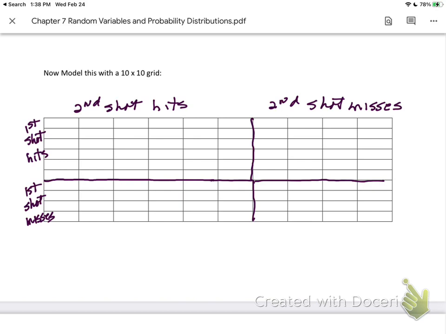The first shot hits, that happens. So that combined with the second shot hitting will give 2 points. Okay, so I'm just going to fill this in with 2 points, just so you can visually see what the score is. If both of these things happen, she's going to get 2 points.